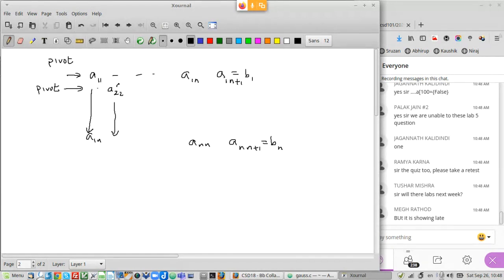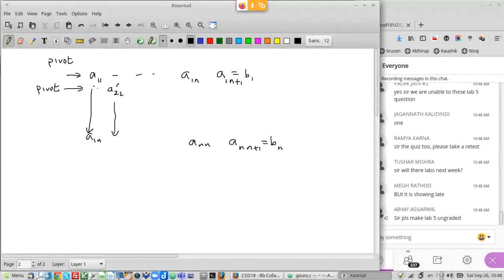Okay, so now let us look at the Gauss-Jordan method.